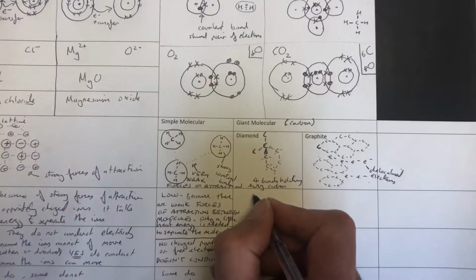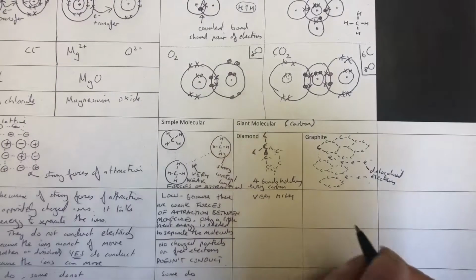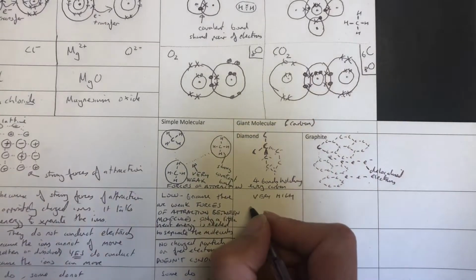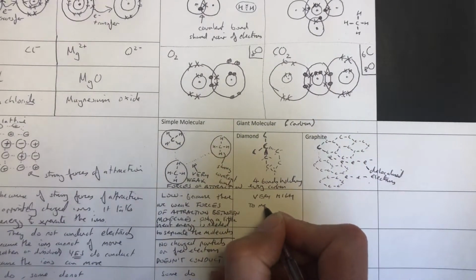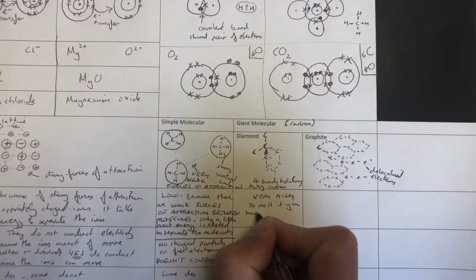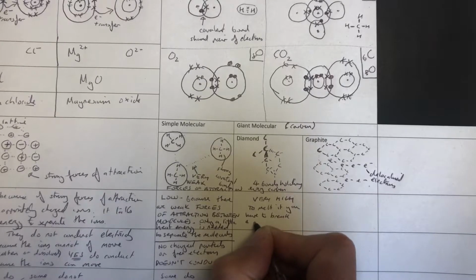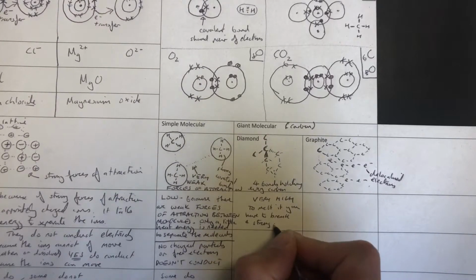So the melting point is very high, about 4,000 degrees. Incredibly high. Why? To melt it, you have to break 4 strong covalent bonds.